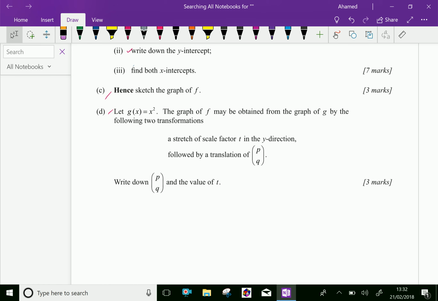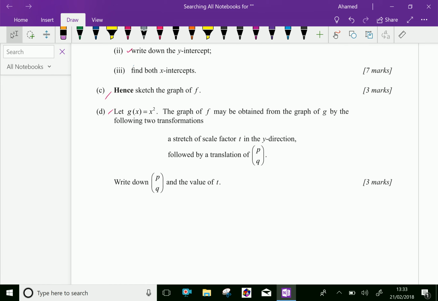the graph of f may be obtained from the graph of g by the following transformation: a stretch of scale factor t in the y direction, followed by a translation of p and q. Write p, q and the value of t.